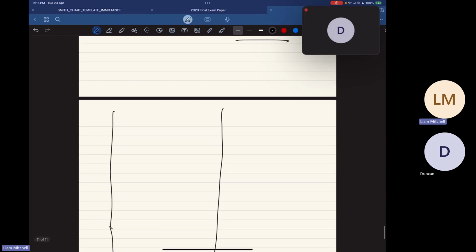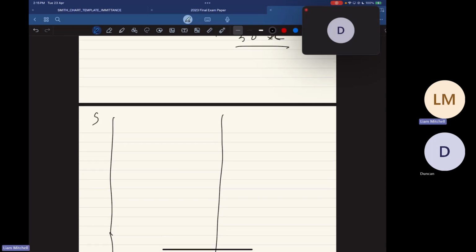This is our source, load, and we start here. I will propagate a wave of 1 volt and 20 milliamps, 20 milliamps because it's 1 volt over 50 ohms. That's our input impedance, like our wave impedance of the cable. This reflects with minus sign.